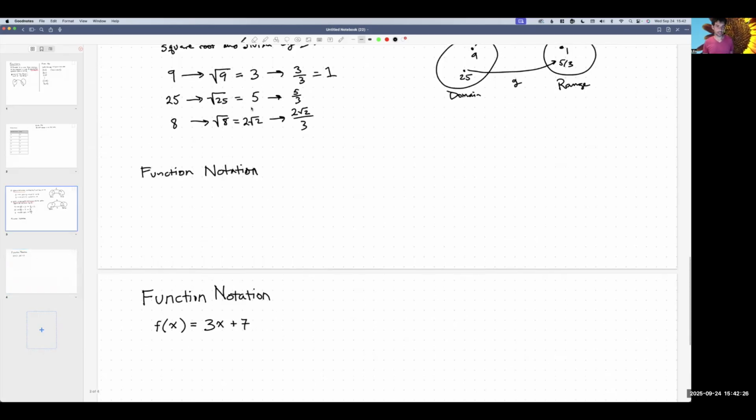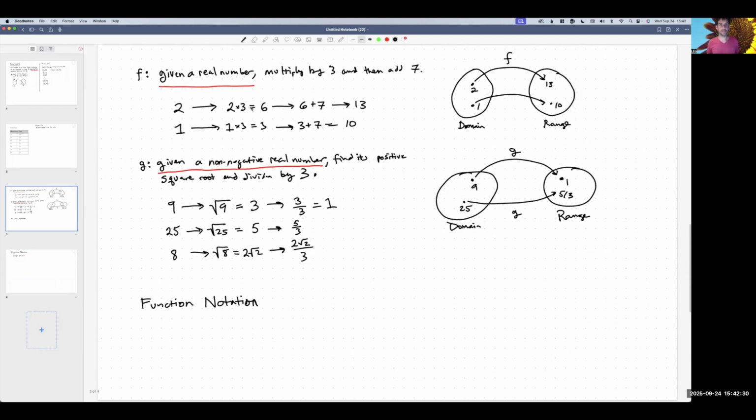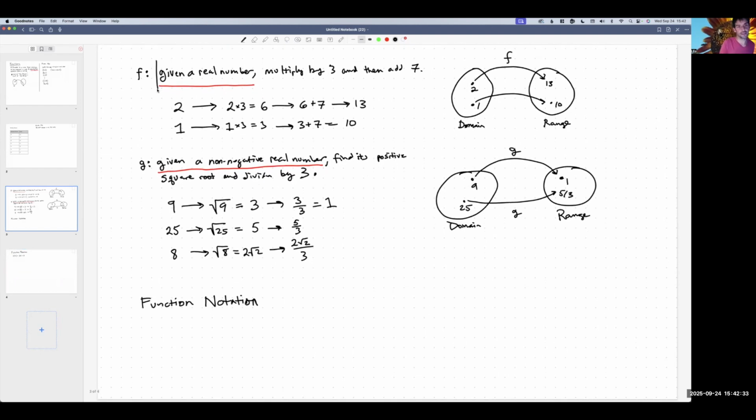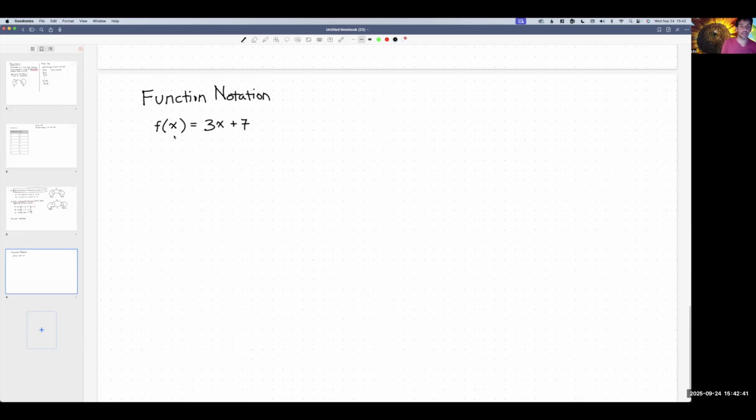So that little set of symbols represents this statement: given a real number, multiply by 3, then add 7. Here, x is representing that real number, and we can see that we're multiplying it by 3 and adding 7.